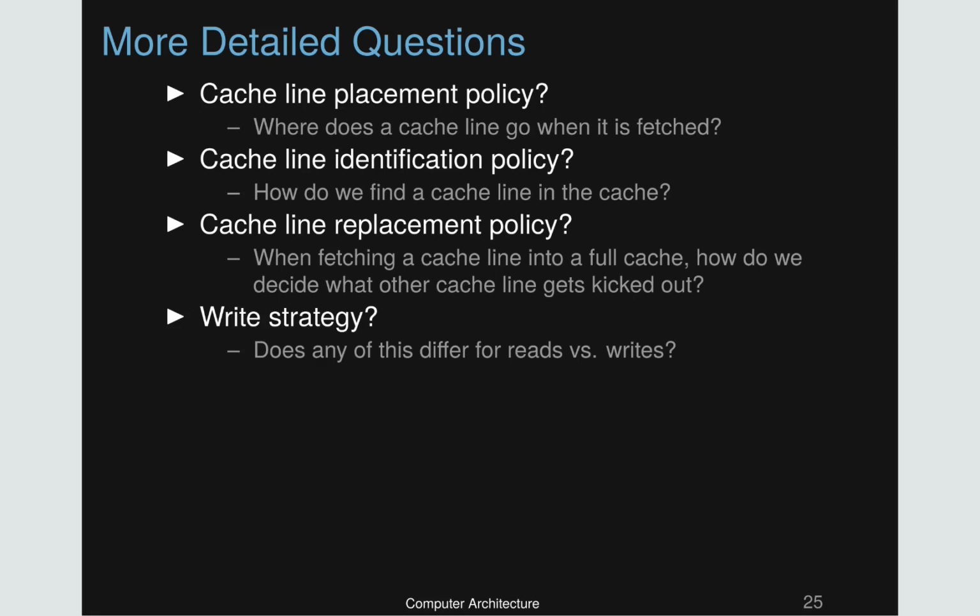Based on these three intuitive questions, we have four more detailed and more technical questions to ask about how to use cache and how to design cache. The first question is: if we are going to fetch a cache line from the main memory, or if we want to locate a piece of data in the cache, how do we know where this cache line is going to be stored?